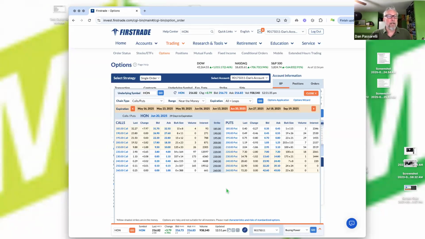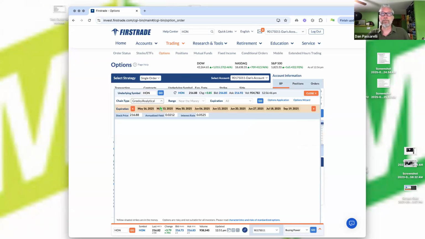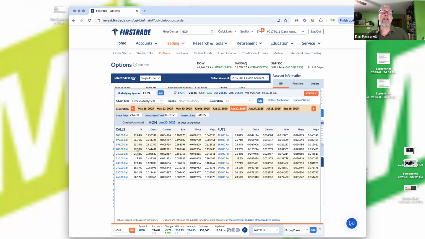What is the IV percentile or the IV rank? Well, yeah, those are good questions too. Here's where that question really becomes relevant: if I'm going to Greeks and analytics and looking at the implied volatility of each of the strikes I'm talking about.